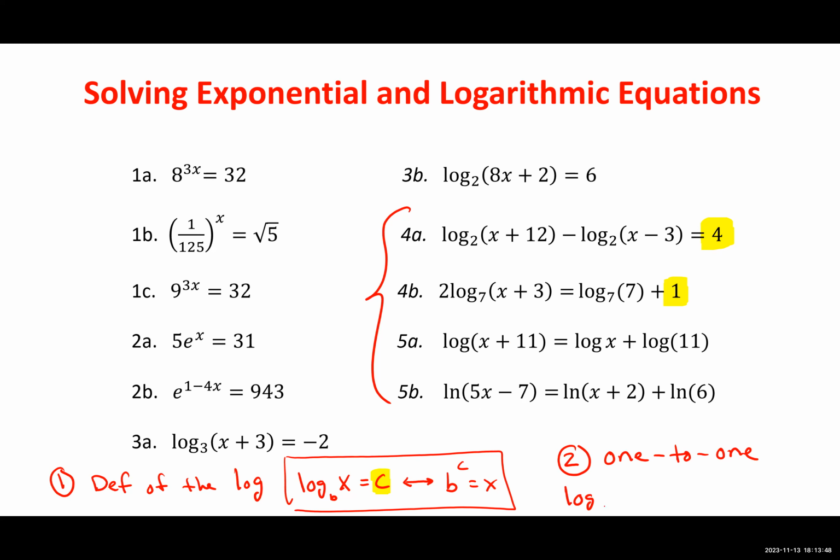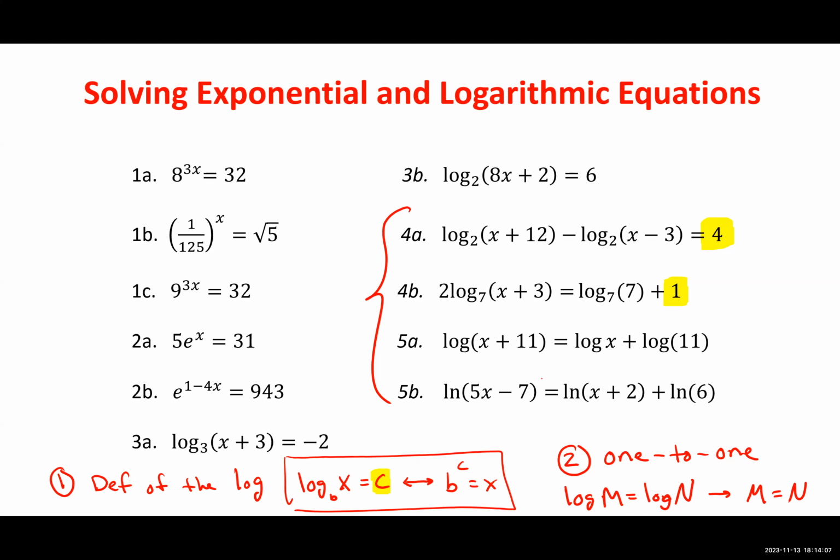If the log of m is equal to the log of n, then m has to equal n. Well, we have too many logs here, so we're going to have to do a little work first.